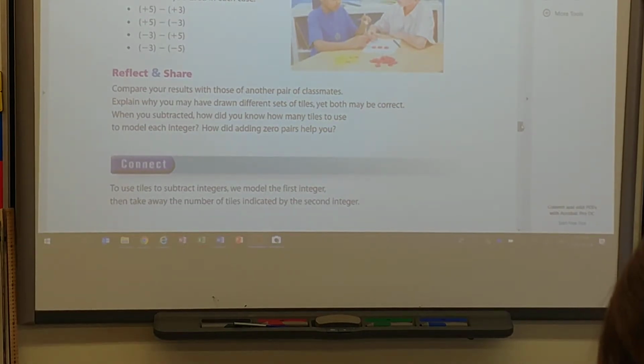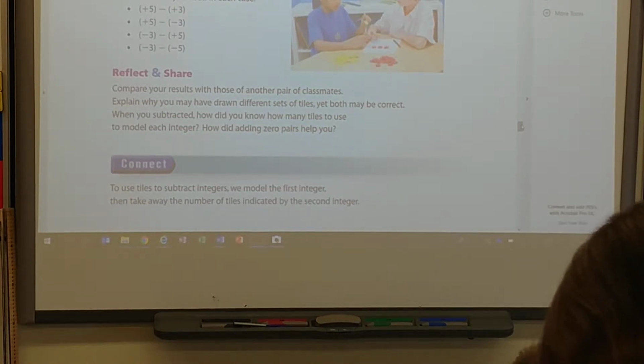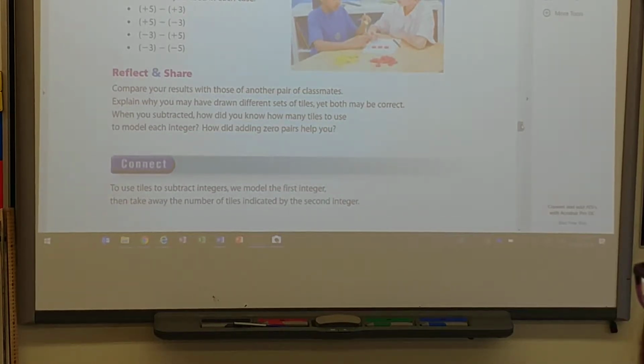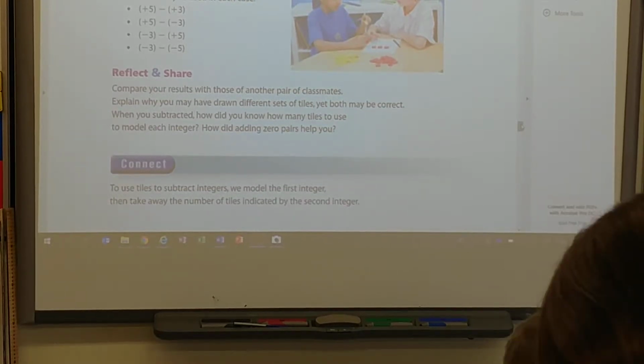Minus 3 minus minus 5. Ooh, this is hard. Okay, I'm going to get my tiles ready. You get your boards going. Minus 3 minus minus 5.